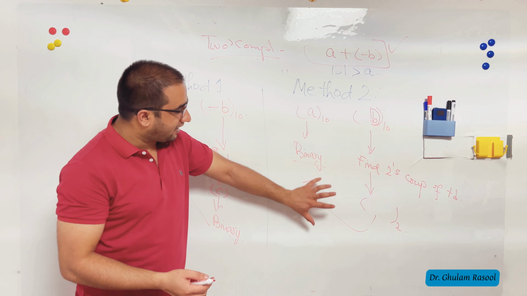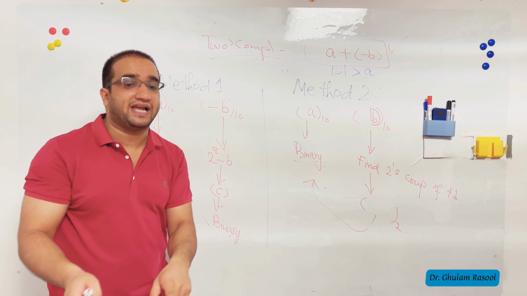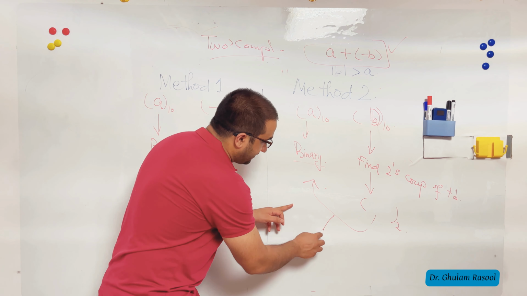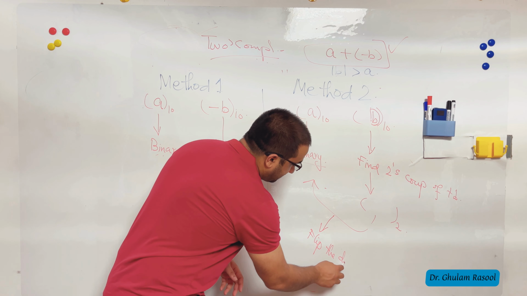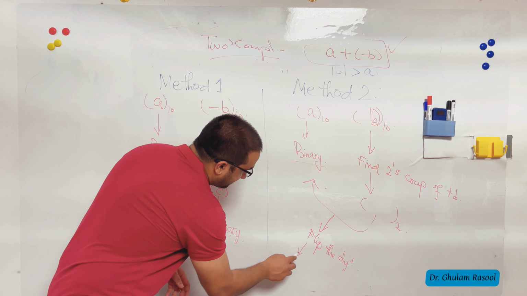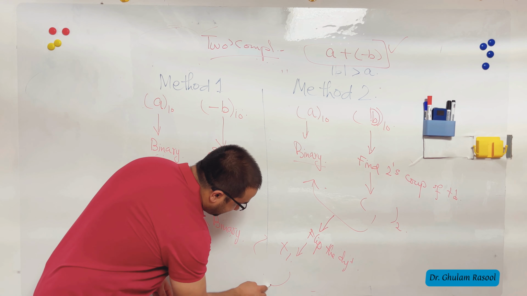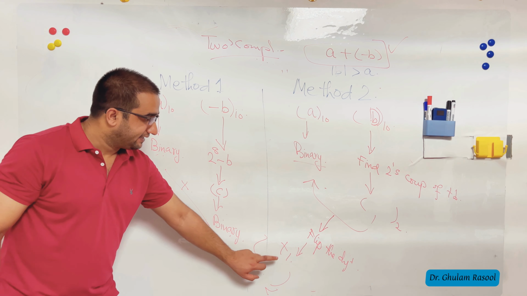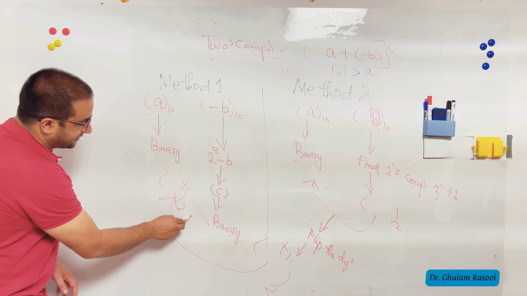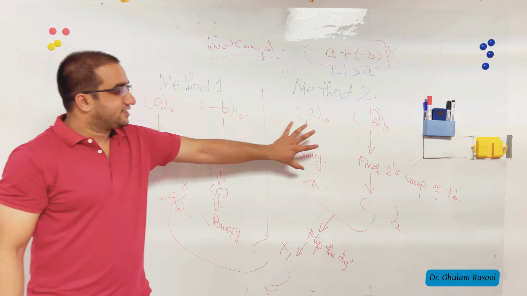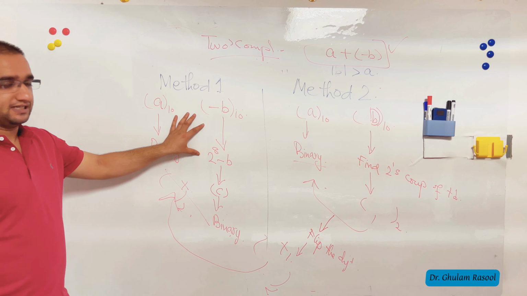So after addition, you will have to go back, flip the digits again, and again add 1. Now this result will be exactly the same as the result of this whole sheet. So this method is complicated, this is simple.